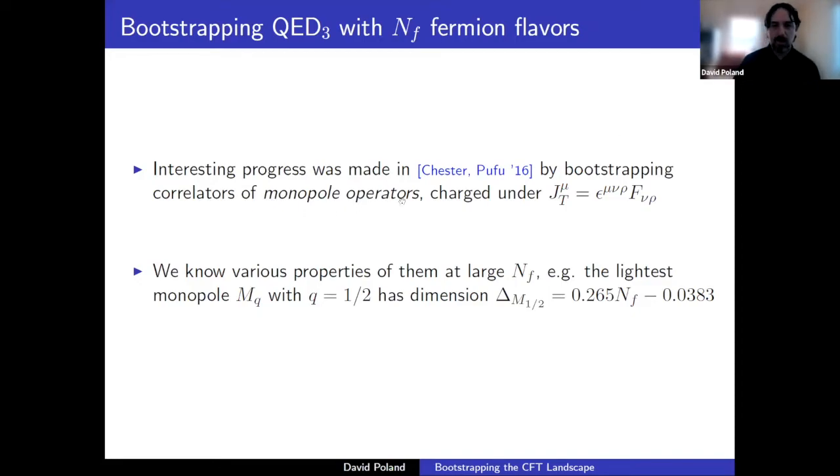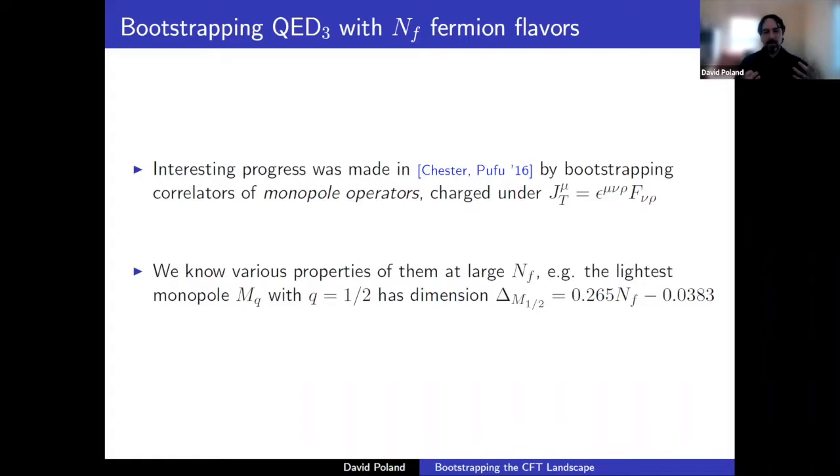These monopole operators were charged under a topological current, J-mu topological, which is the dual of the field strength tensor. And at least at large n, you can establish various properties of the monopole operators.